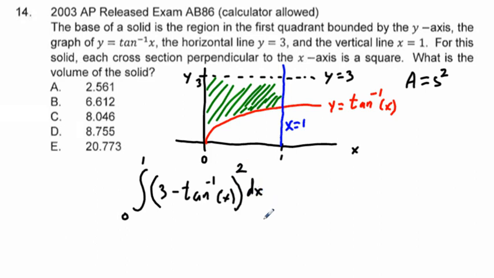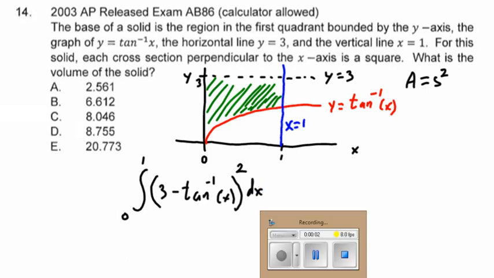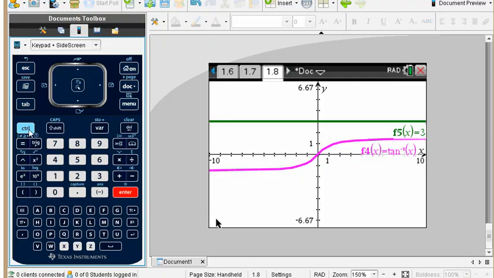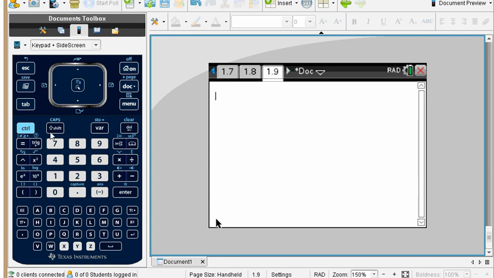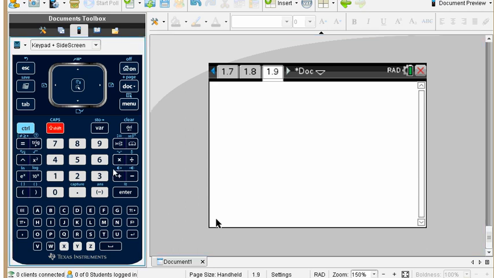So now we go to our calculator, get a calculator page, and we use our hotkey shift plus sign. We're going between x equals 0 and x equals 1.